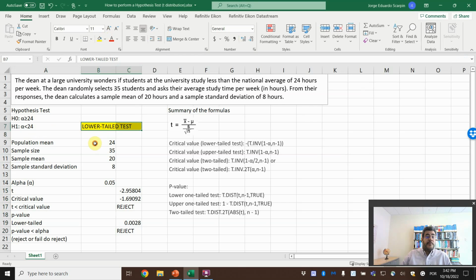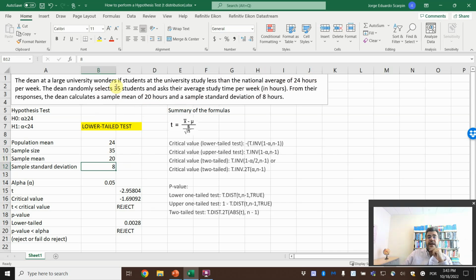Population mean 24. The dean randomly selects 35 students. So yes, we can use the central limit theorem, the CLT, and the average study time per week in hours. From their responses, the dean calculates a sample mean of 20 hours and a sample standard deviation of 8 hours.